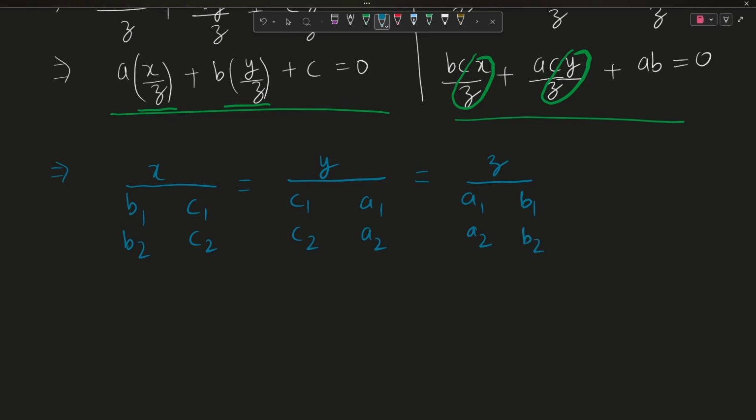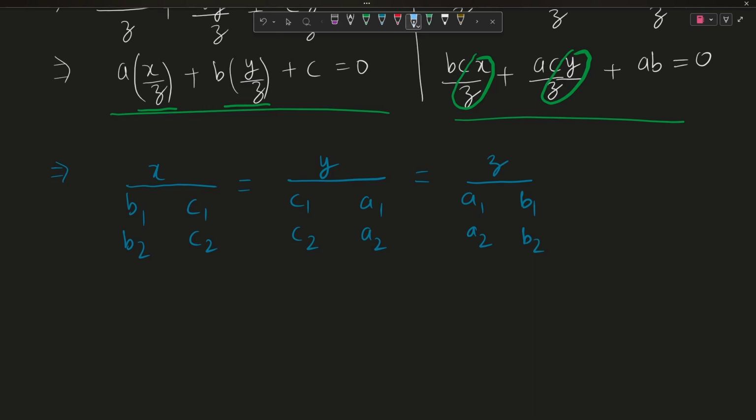Now first we get to know what the values of A1 B1 C1 and A2 B2 C2 are. After that, we can easily substitute those values and get our answer.